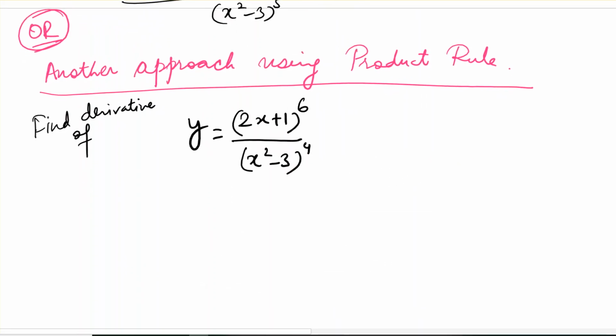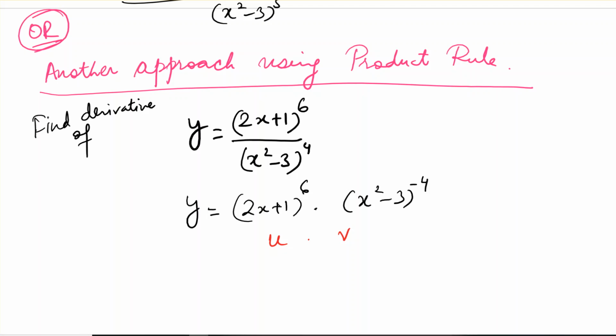Another approach would be to rewrite this function as y is equal to 2x plus 1 raised to power 6 times x square minus 3 raised to power negative 4. Then you can see that we have u times v form, and we could have used the product rule instead of the quotient rule. You can choose whichever form you prefer, whichever rule works better for you.